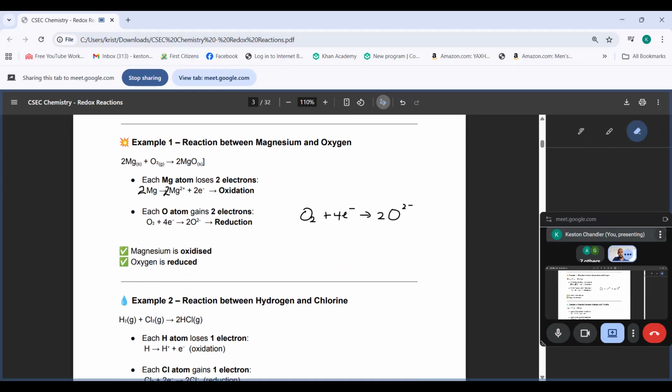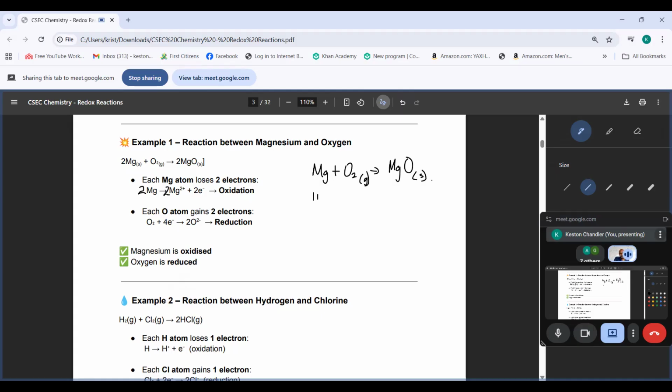Now, remember when we did balancing equations? If we have magnesium plus O2 gas, and we get magnesium oxide, which is a solid, like most oxides are solids. Here, we're not balanced.